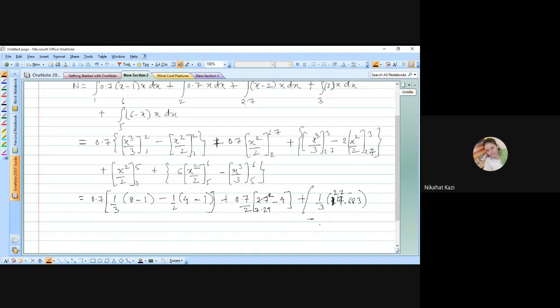So again, 3 threes are 9, 9 minus 2.7 square. And then the next term is x square by 2, so it is half of 25 minus 9.